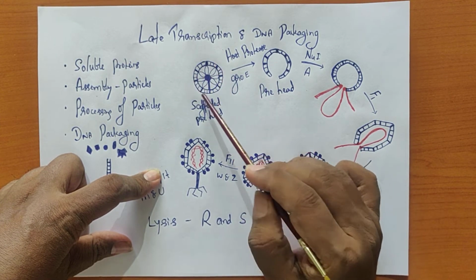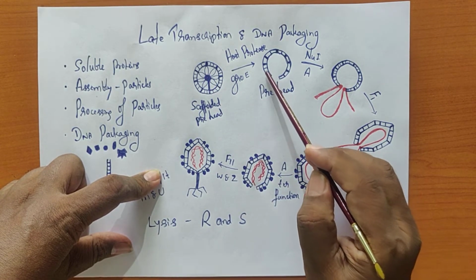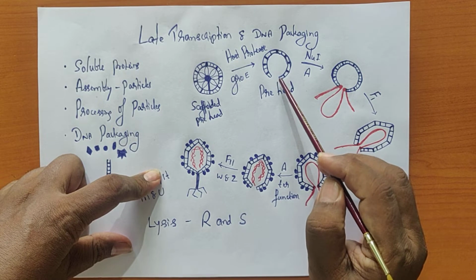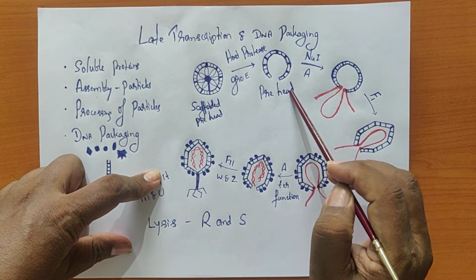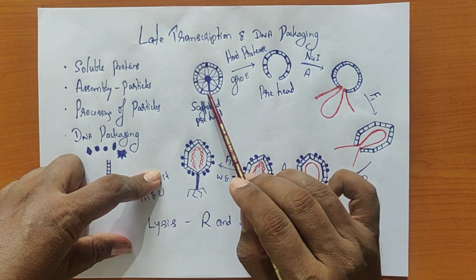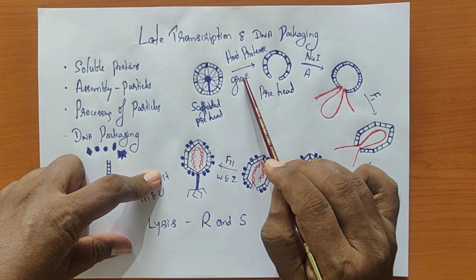The removal of these additional scaffold proteins results in the formation of another important stage, which we call the prehead. So going from the scaffolded prehead to the prehead requires proteolytic cleavage.